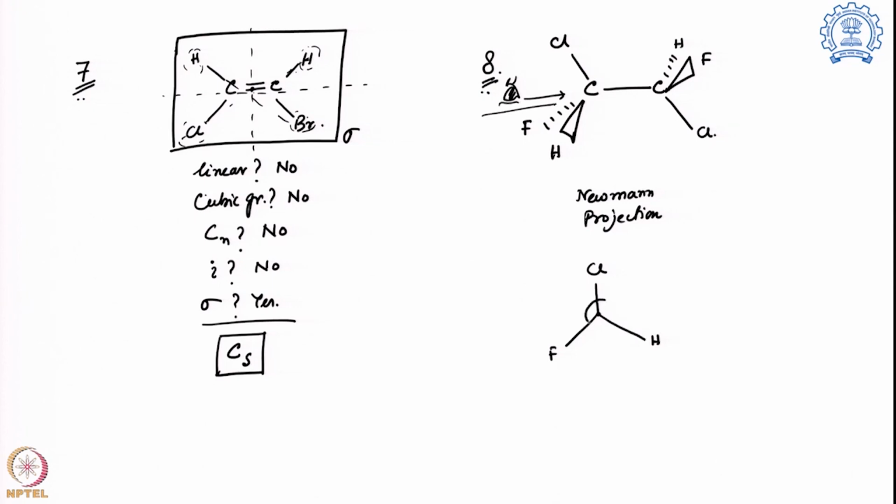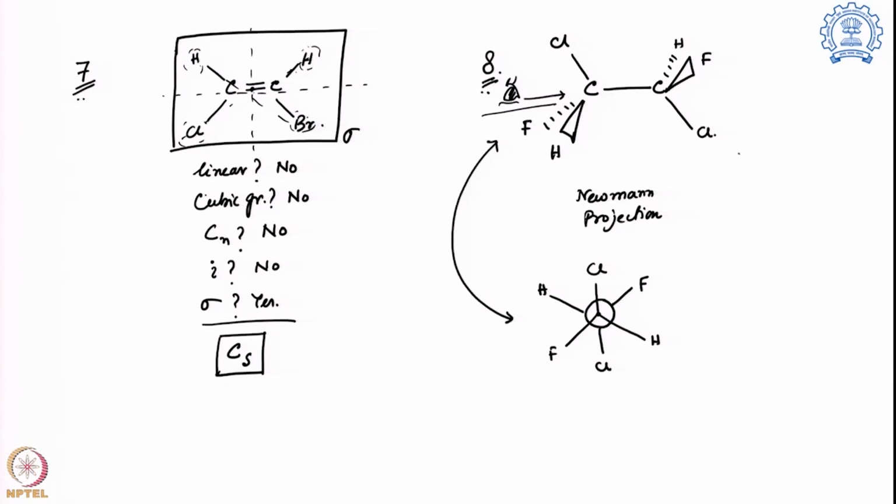And the back carbon I will draw as a circle, and over there chlorine is over here, fluorine is over here, hydrogen is over here. So, that is the Newman projection of the same molecule. So, these are the same molecule.